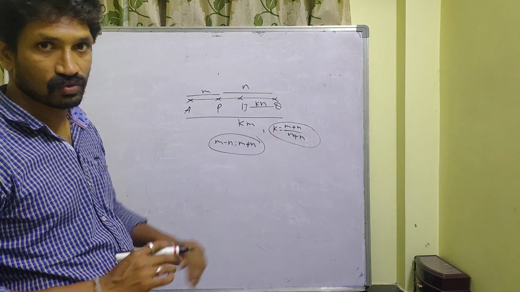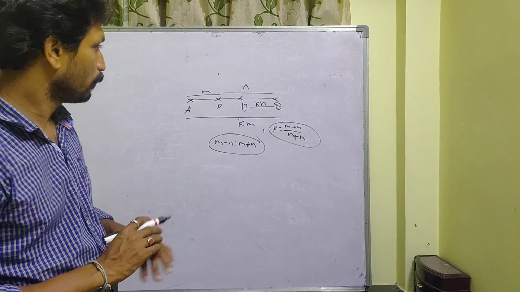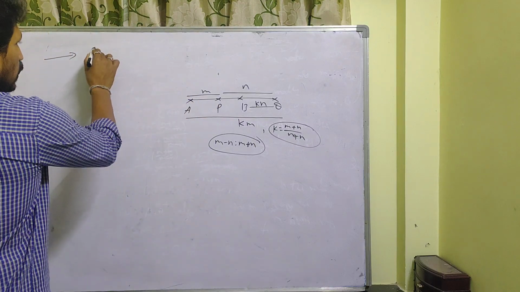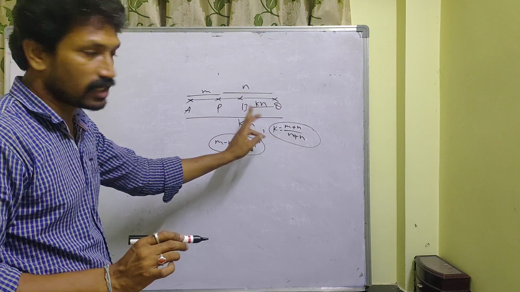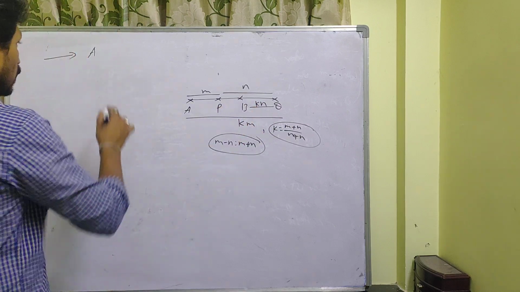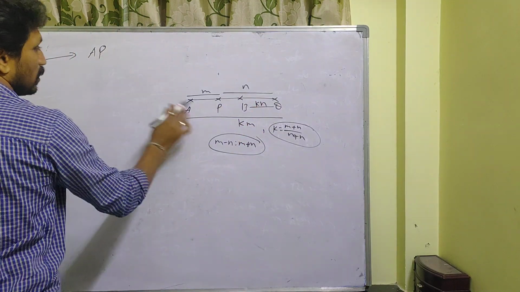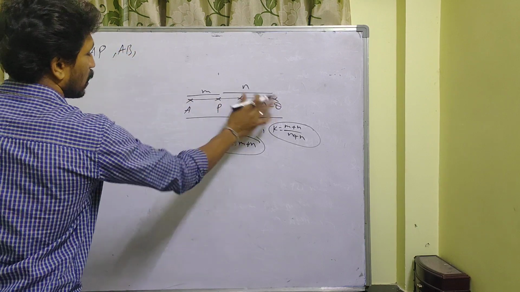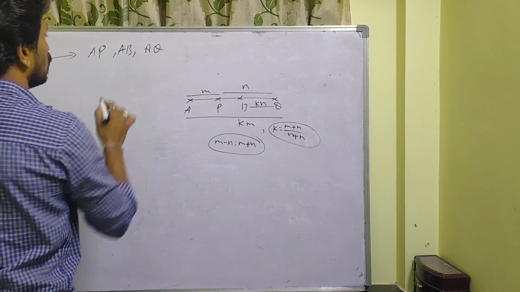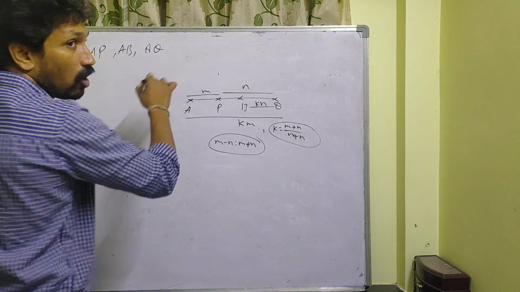Based on this, we can conclude one thing. Always, if P, Q are harmonic conjugates with respect to A, B, then the AP length, AB length and AQ length, these three will be in HP, harmonic progression.